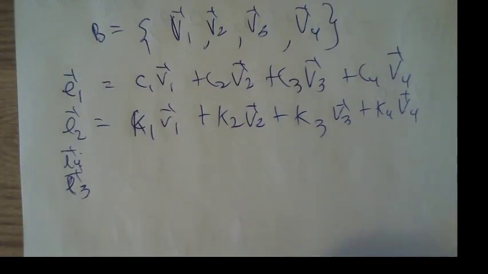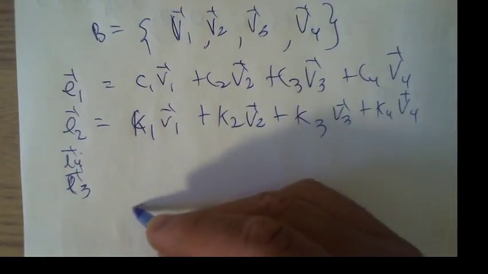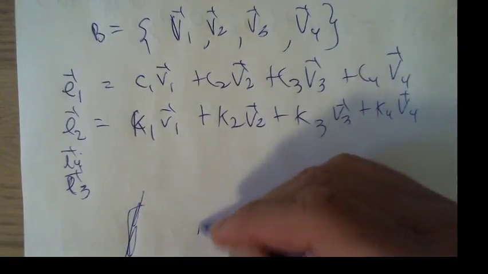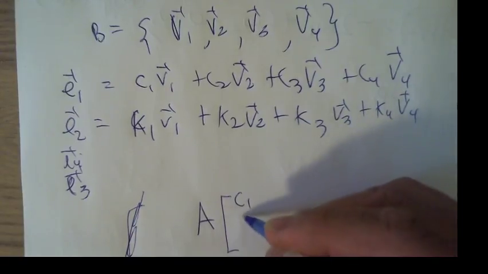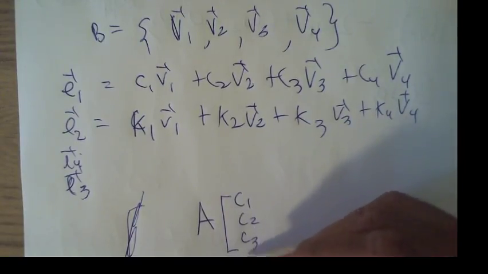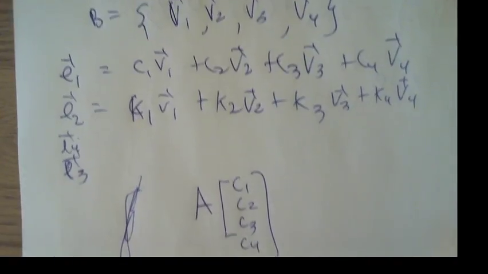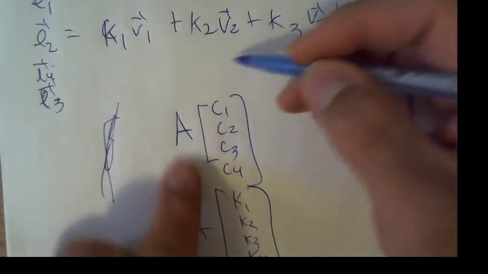And then what you would do from there is take these column vectors. Once you find C1 through C4, you would take your matrix A and multiply it by C1, C2, C3, C4, and then A times K1, K2, K3, K4, and so forth. Then this would be the new image.